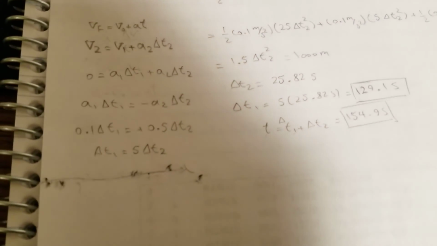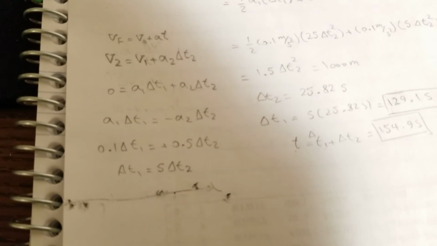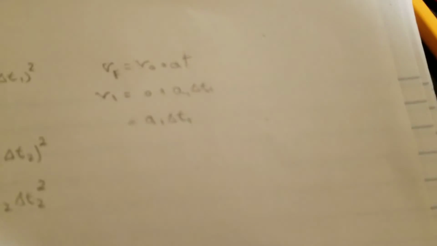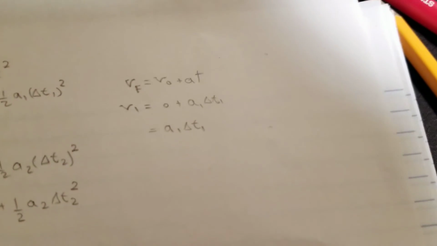And the other piece of information comes from the final velocity at the end of segment 2, which we call v2, which is equal to v1, the initial velocity for segment 2, plus a2 delta t2. Now we got v1 from the first part, which is a1 times delta t1, and we substitute it here.